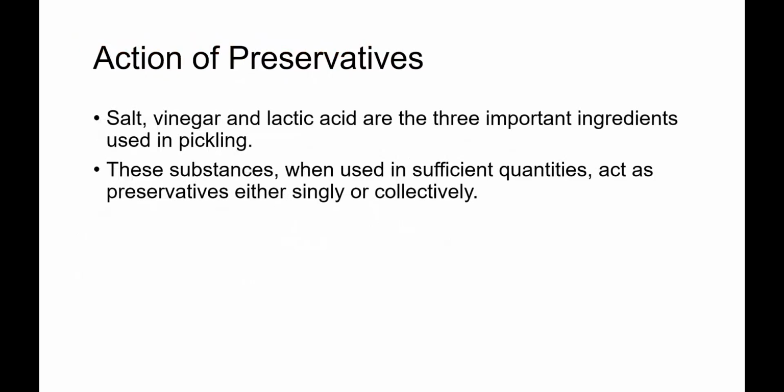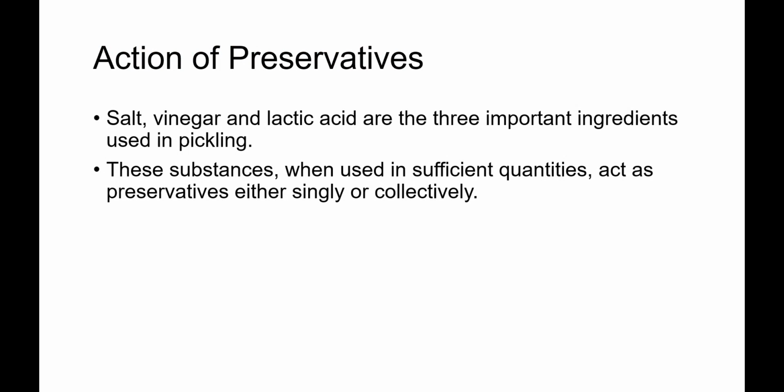So what is the action of preservatives? Salt is mostly the major ingredient. Salt, vinegar, and acetic acid are the three most important ingredients used during pickling. These substances, when used in sufficient quantity, are very important. If you use very little salt, the pickle will spoil and will not remain for a longer period.